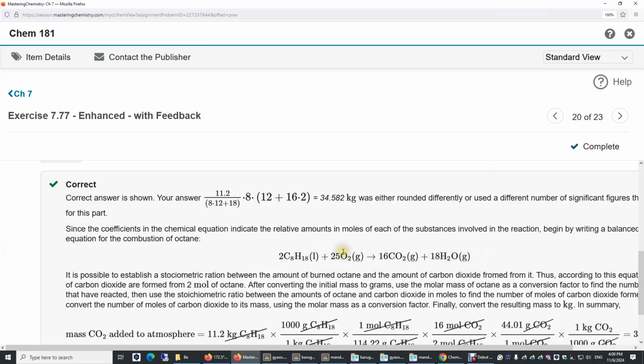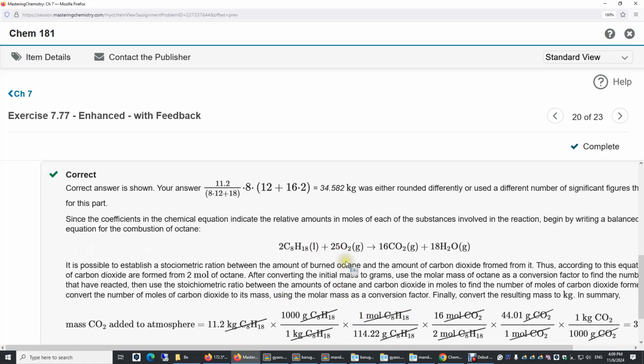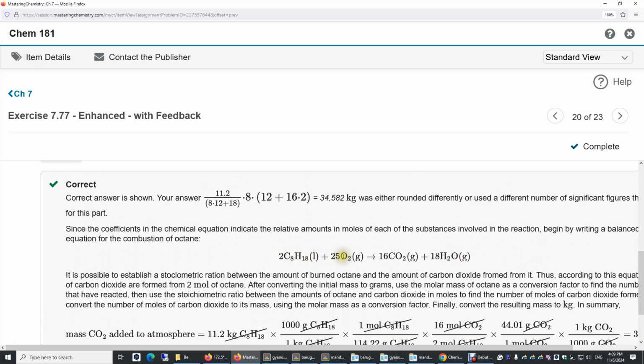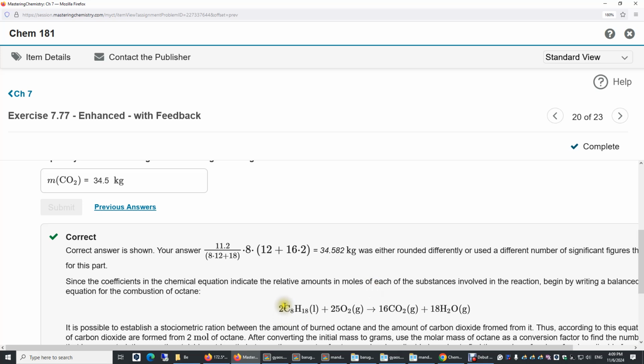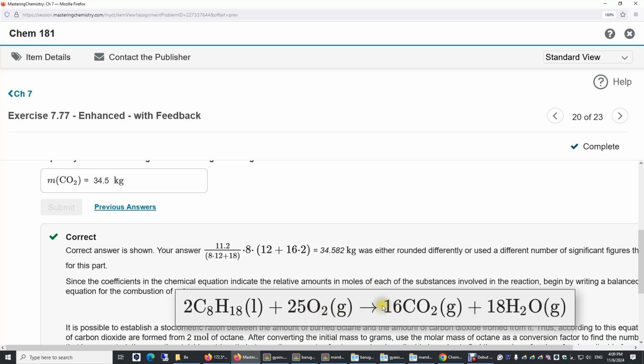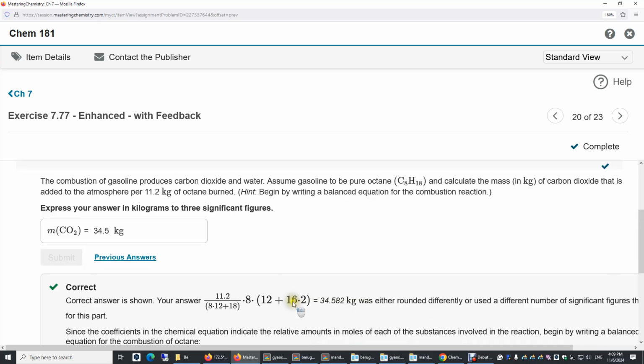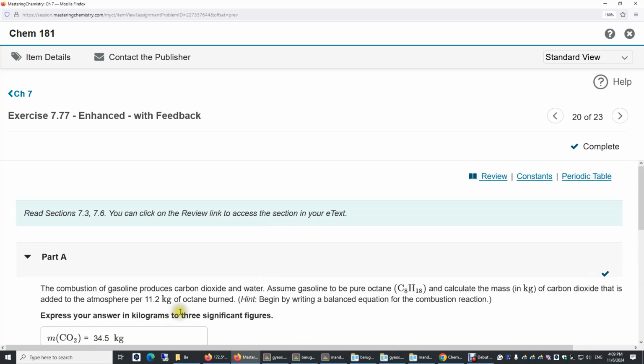That's it. And you can double check the number of carbon atoms, hydrogen atoms, and oxygen atoms. But anyway, you don't have to balance this chemical equation as long as you know 1 mole of octane produces 8 moles of CO2. The ratio is 1 to 8, and you'll get the answer correctly.